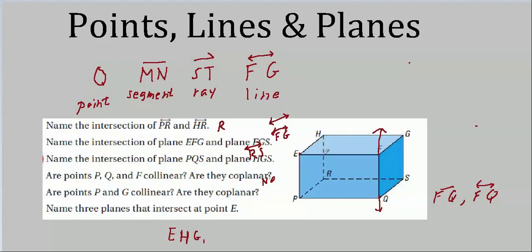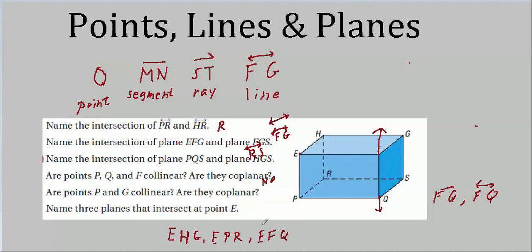How about EPR? It's this side here. And then, what about this front piece here? That also intersects. And we can call that EFQ.